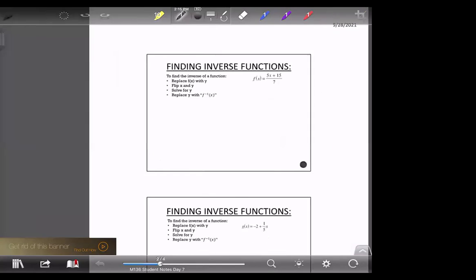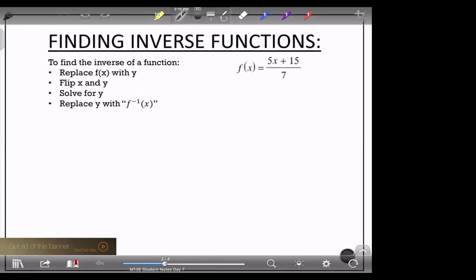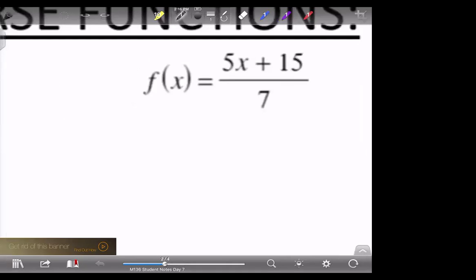All right, question number 2. All right, step 1, we're gonna replace f of x with y.